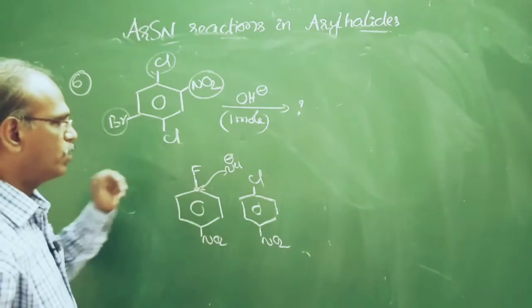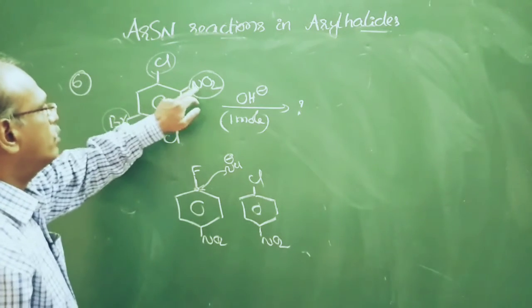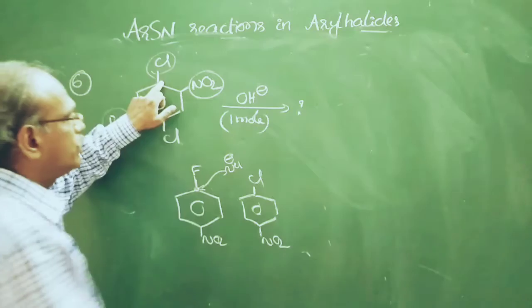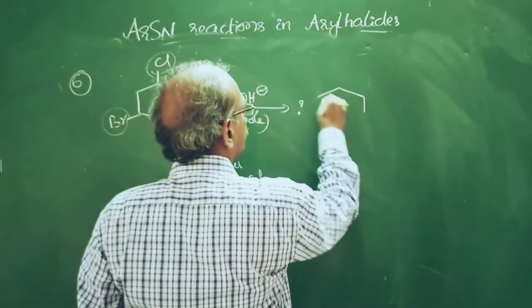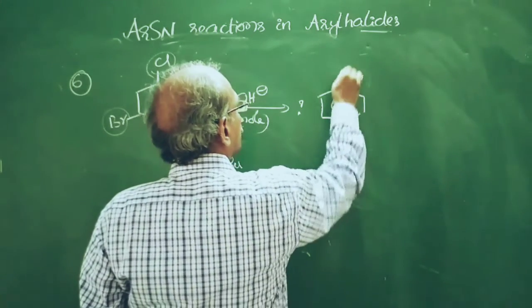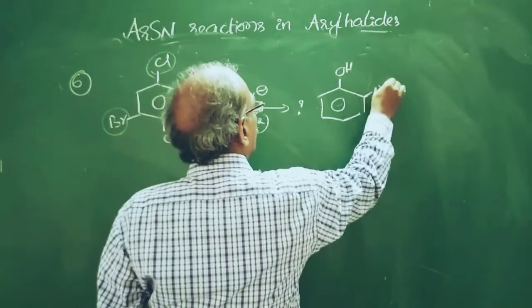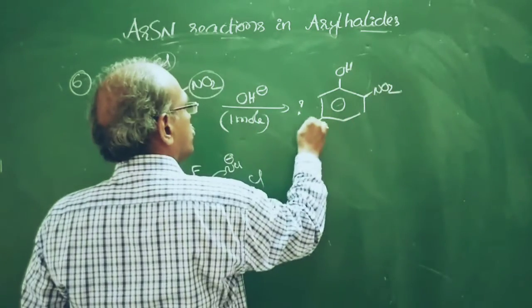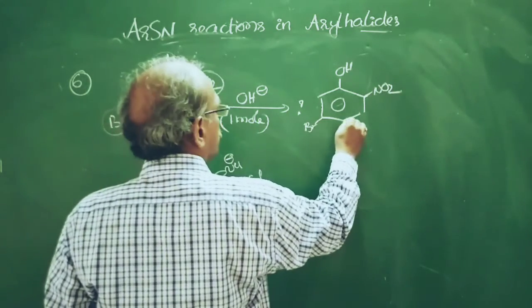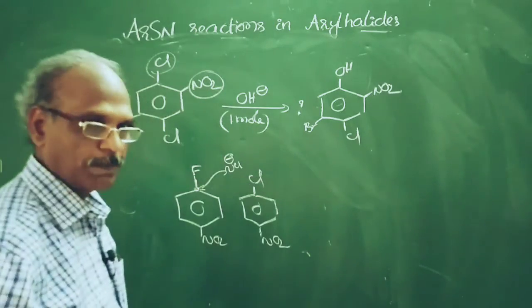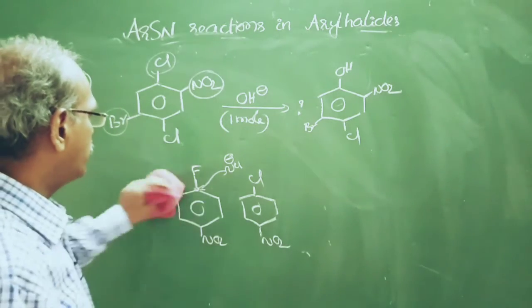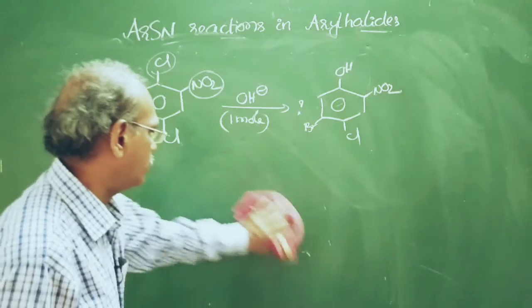This is the rate determining step. So based on that, we have to substitute this one. OH, NO2. Here this is Br, this is Cl. So based on the rate determining step, we have to decide.